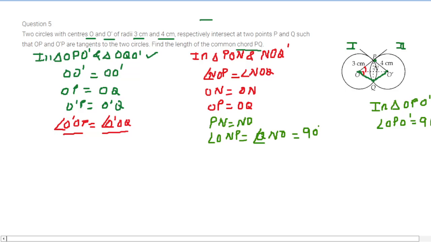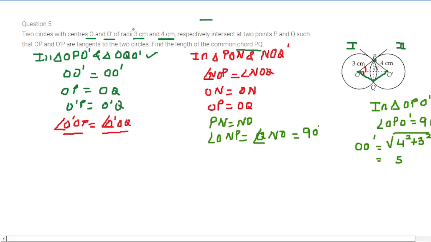The angle made by the radius and the tangent at the point of contact is 90 degrees. So it is a right angle triangle. By using Pythagoras theorem, we can find the length of the third side OO dash, and it will be equal to square root of square of 4 plus square of 3. So OO dash will be equal to 5 centimeters.